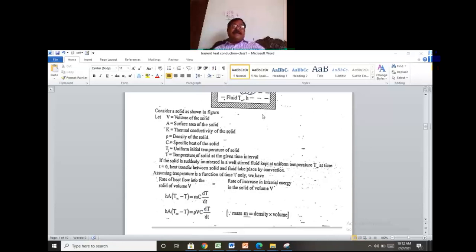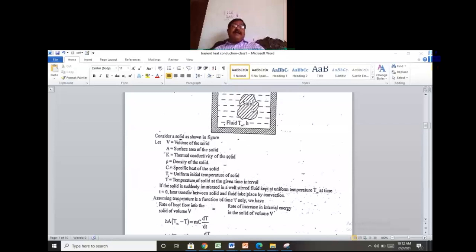That is h into A, the area, into T infinity minus T, where T is the temperature of the solid. It changes with respect to time, and it is equal to mass into specific heat into the rate of change of temperature of the solid with respect to time. Increase in the internal energy is nothing but m c p delta T.